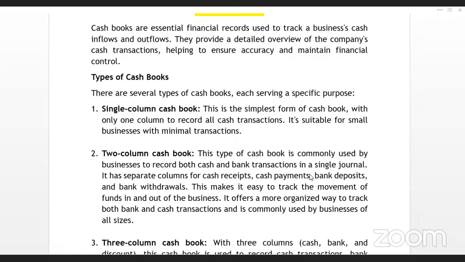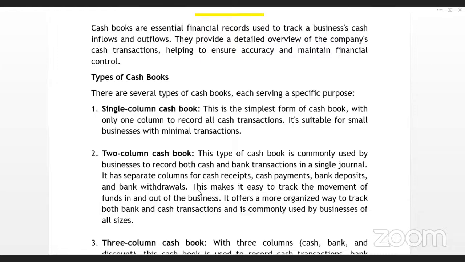That is a two-column cash book. It has a column for cash and bank on the debit side, as well as cash and bank on the credit side. So you have two columns on either side of the cash book that we use to record amounts, both cash and bank.